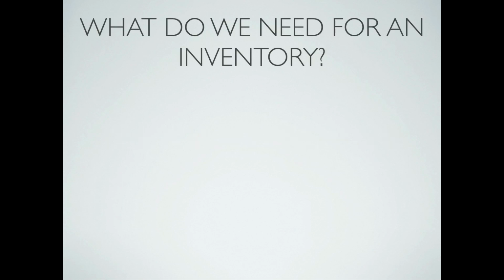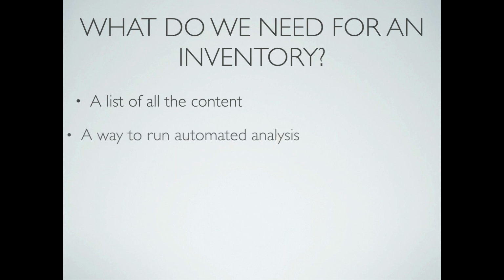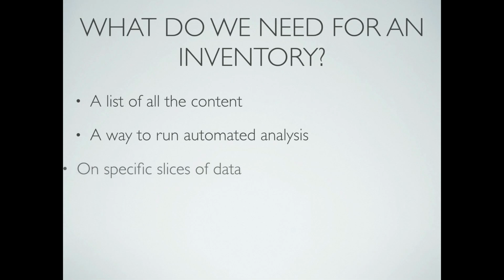So, what do we need for an inventory? We need a list of all of the content. We need a way to run some sort of automated analysis on that content, whatever it may be. We need to be able to run it on specific slices of the data, because we may want to run some analysis on this set versus this set, or to see the results based on different sets of data.